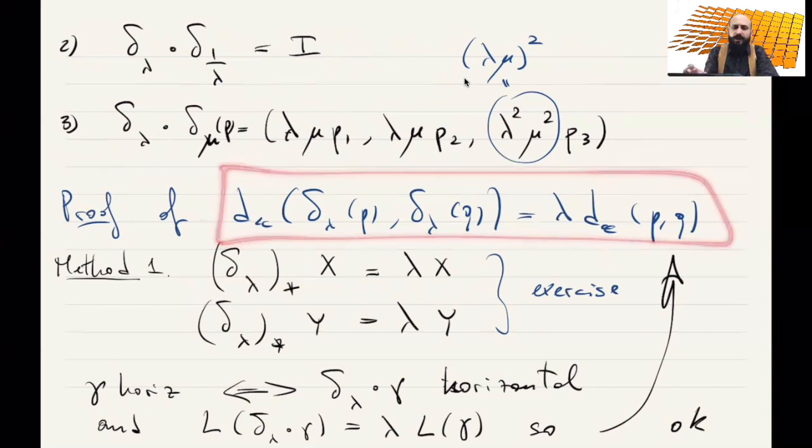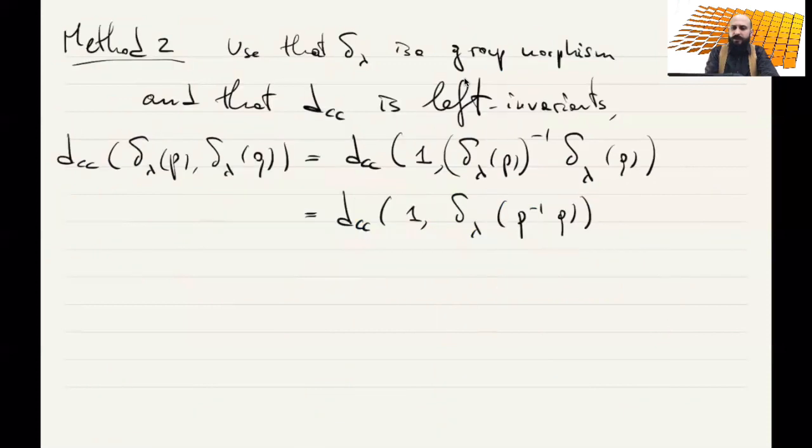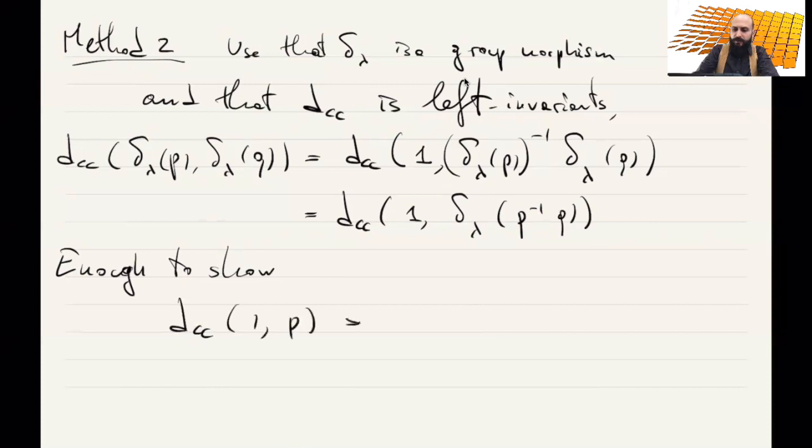I denote it by 1, in the sense of the group identity element. So it's enough to show that DCC of 1 and P is equal to lambda to the minus one times DCC of 1 and delta lambda P.